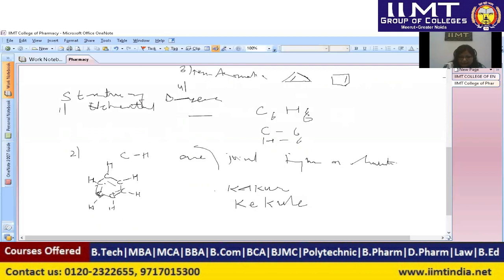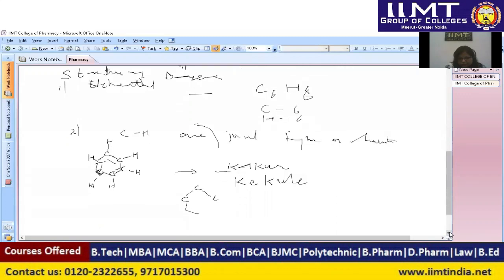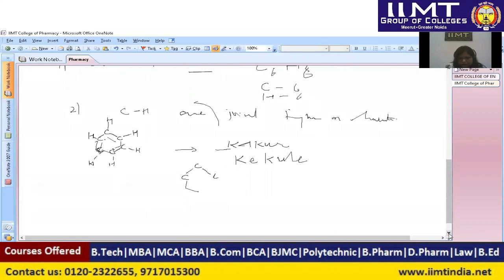And this ring structure can also be drawn like this, with alternate double bonds.